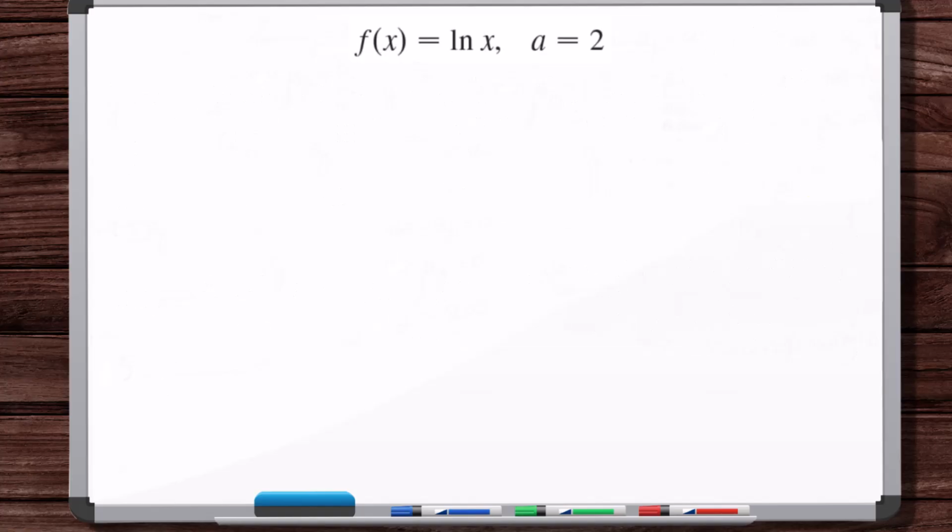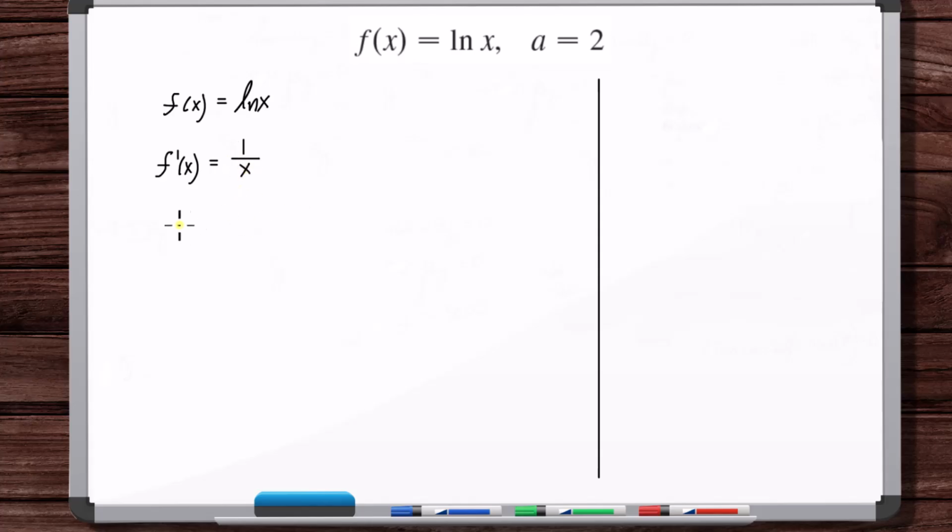Okay. Let's do natural log of x centered at 2. So first step, we want to write the function and its derivatives. So, okay, this is going to be minus x to the minus 1 minus 2.